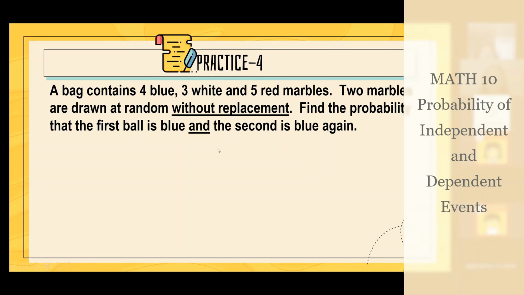This time, the same given without replacement, but the first ball is blue and the second is blue again. Or probability of getting both blue marbles. Okay, do it 1 minute again.